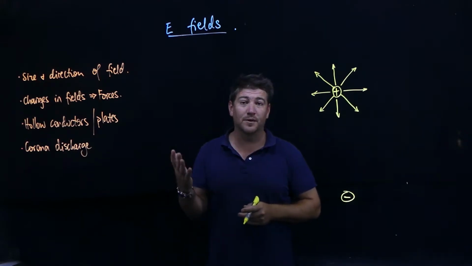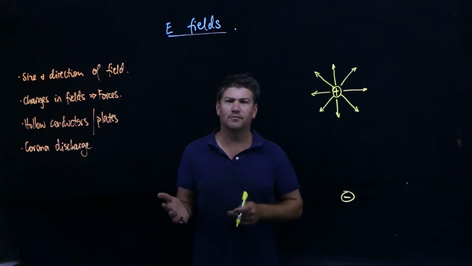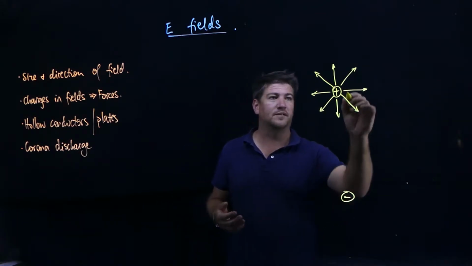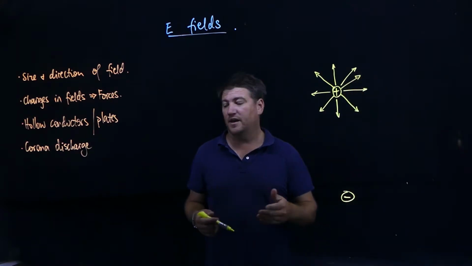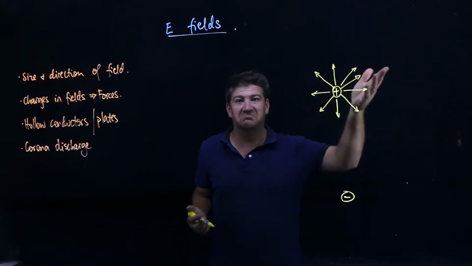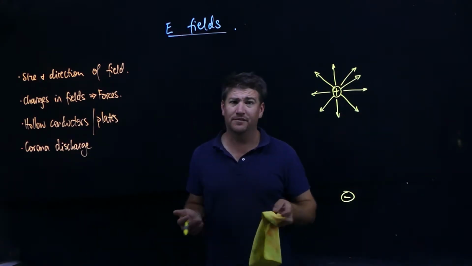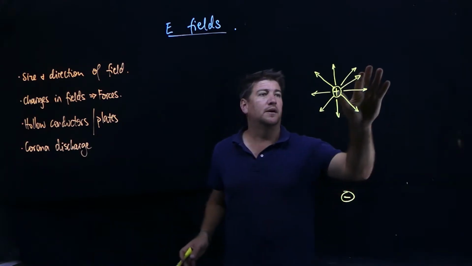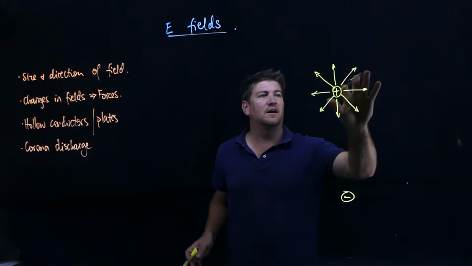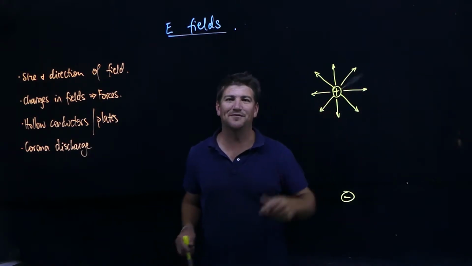All of these lines are supposed to be equal in length and equally spaced, so you don't have a region of space around this thing, like out here for example, where you have more electric field, at the top left corner, for instance. Not sure how this is going to turn out when you guys watch it back. Anyway, that doesn't exist. That can't happen. It's perfectly radial, see, perfectly radial.